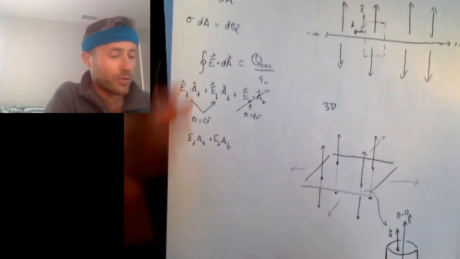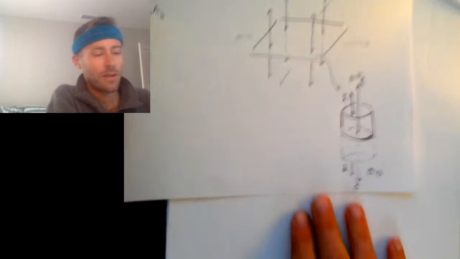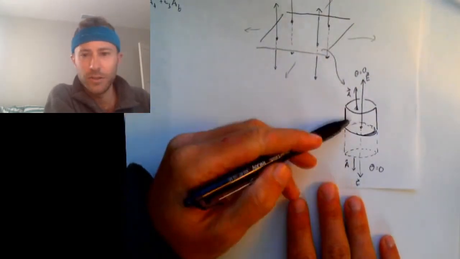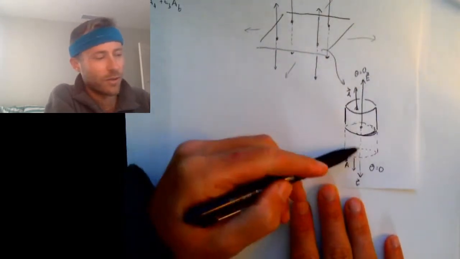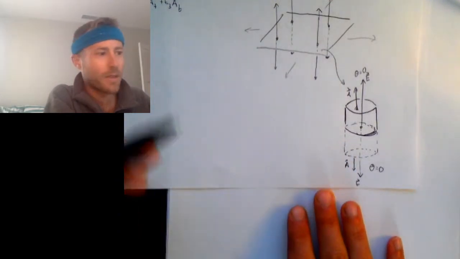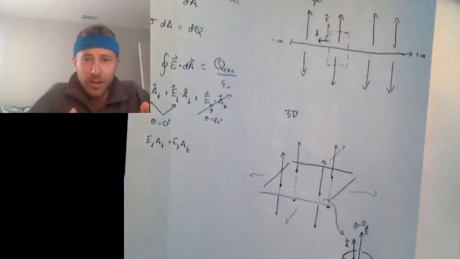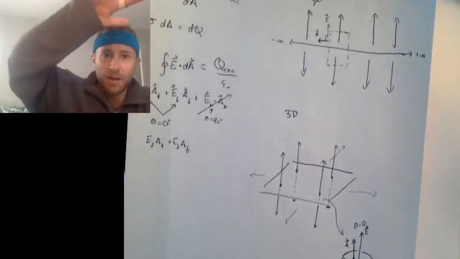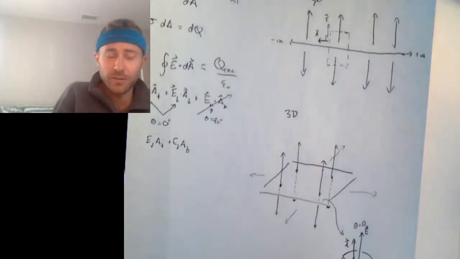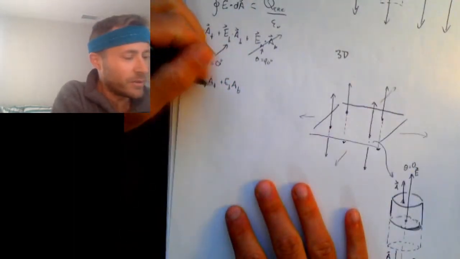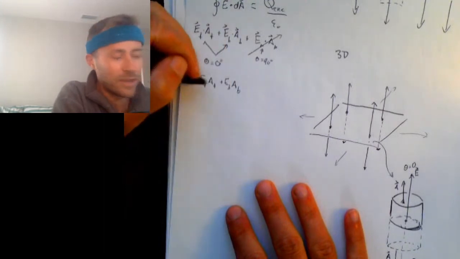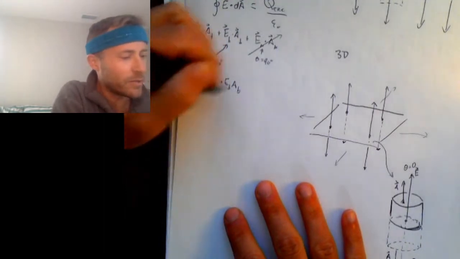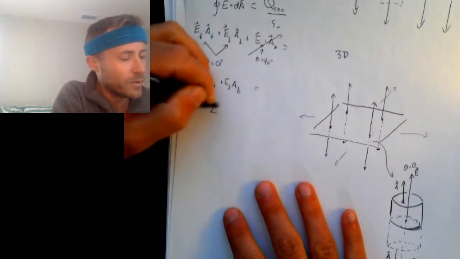Now, by the symmetry of this Gaussian surface, it's a cylinder, so the area of the bottom face is the same as the area of the top face. Similarly, if we took the infinite plane and flipped it upside down, it's still an infinite plane. So the electric field on the top is the same in size as the electric field on the bottom. So on the left-hand side, we just get 2EA.